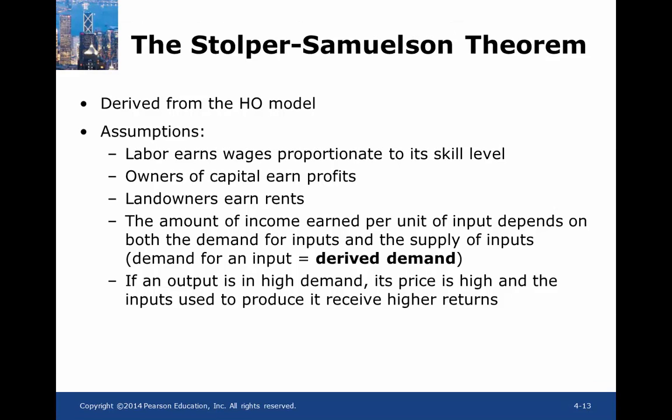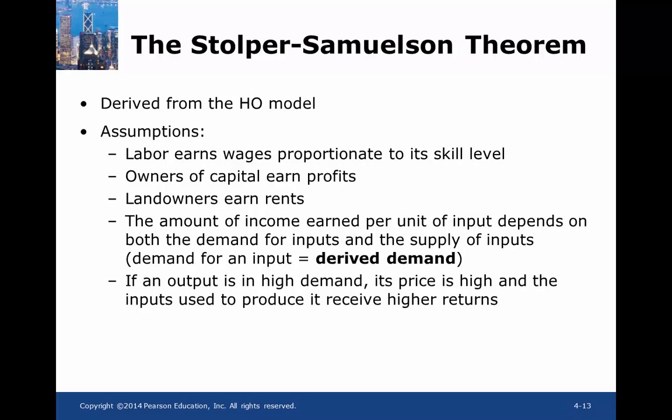The Stolper-Samuelson theorem, derived from the HO model, assumptions: labor earns wages proportionate to its skill level, owners of capital earn profits, landowners earn rents.